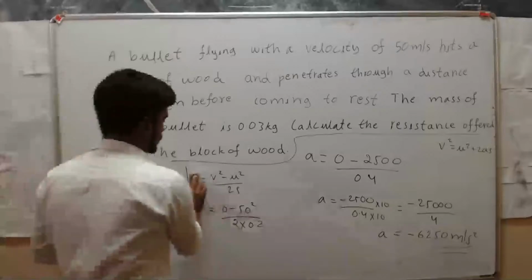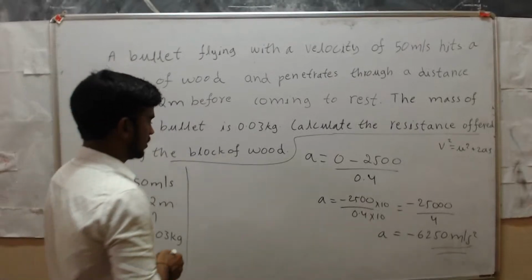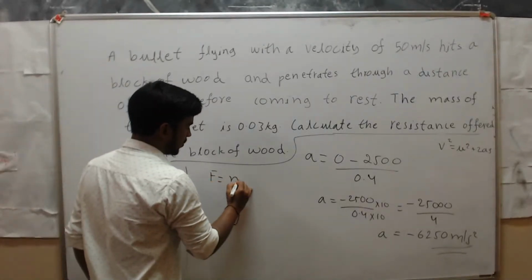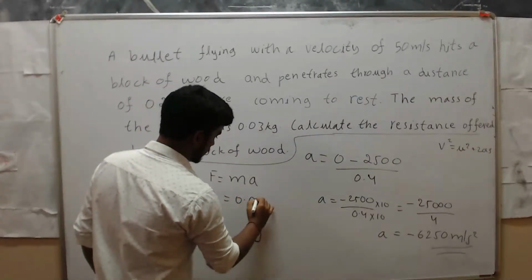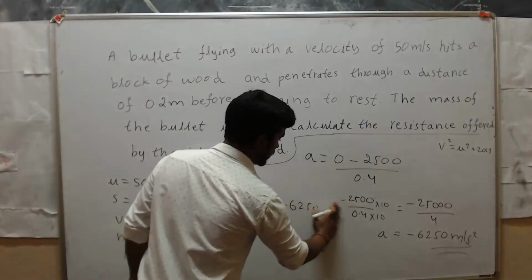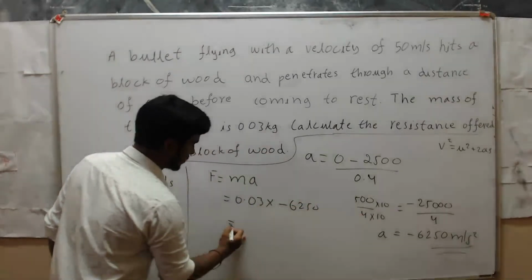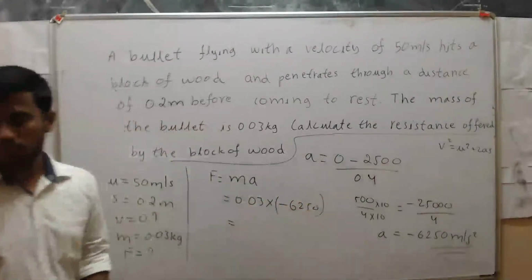Now calculate force. To calculate force, we know the formula, that is F is equal to m into a. Mass is 0.03 into minus 6250. So tell me the answer. 0.03 into minus 6250.